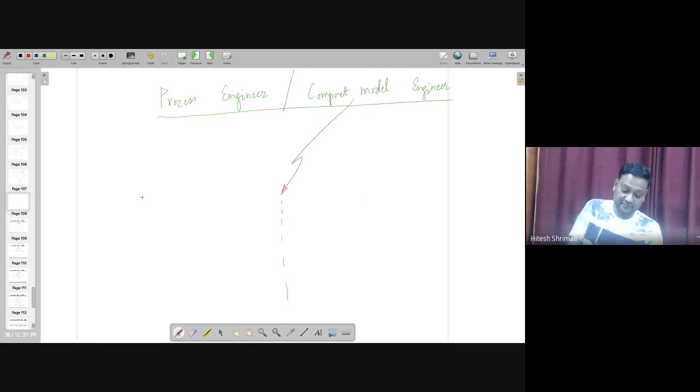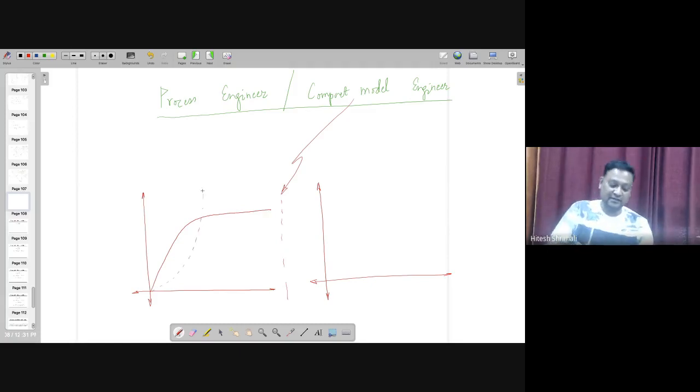And you have the following approaches to understand that. Those approaches say that the intelligent engineer may say, let's look at the characteristic ID versus VDS.